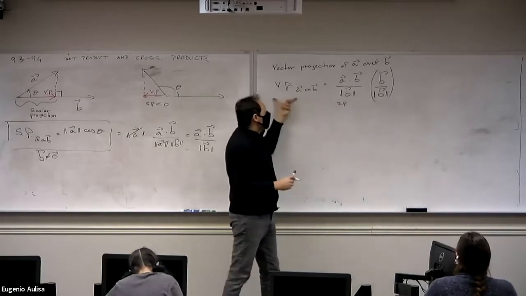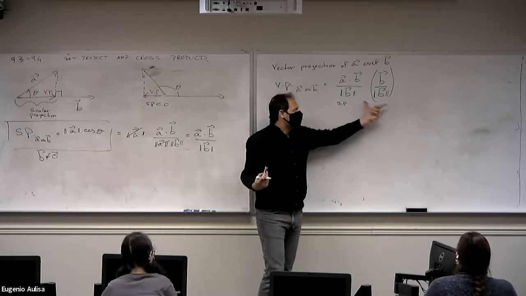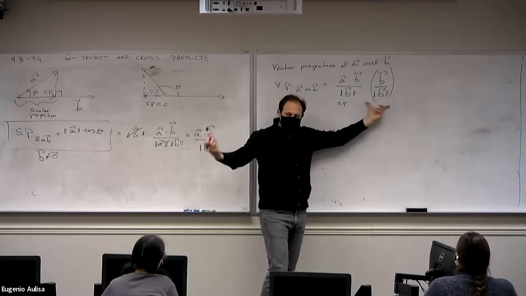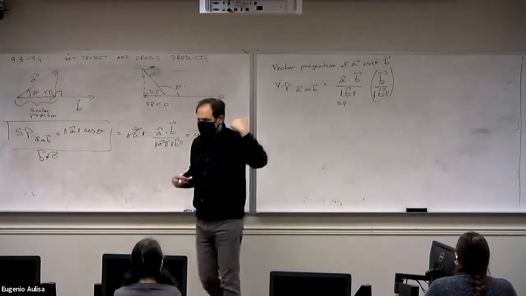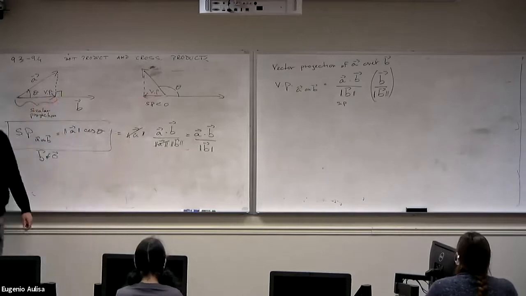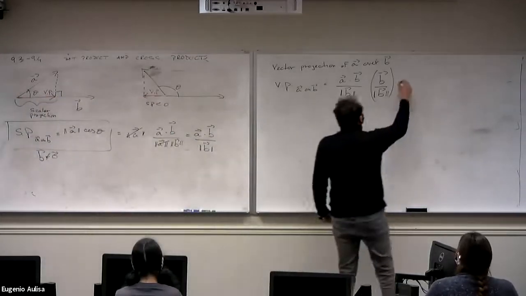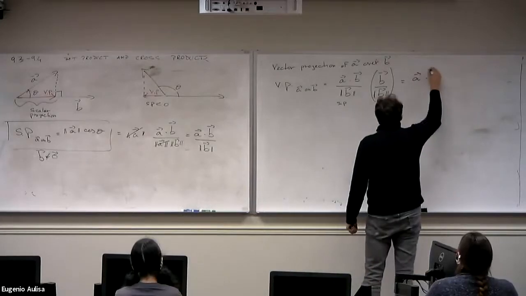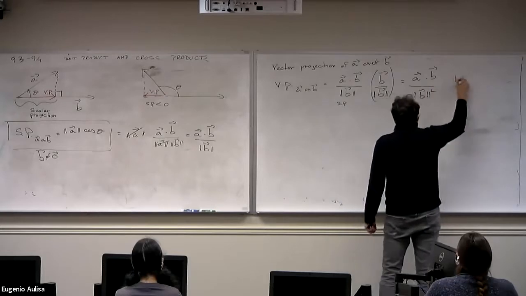So this vector will have the length of the scalar projection, and will point with B or negative B, depending on the sign of the scalar projection. So it's exactly this object. So this is equal to A dot B divided by the length of B squared, times B.